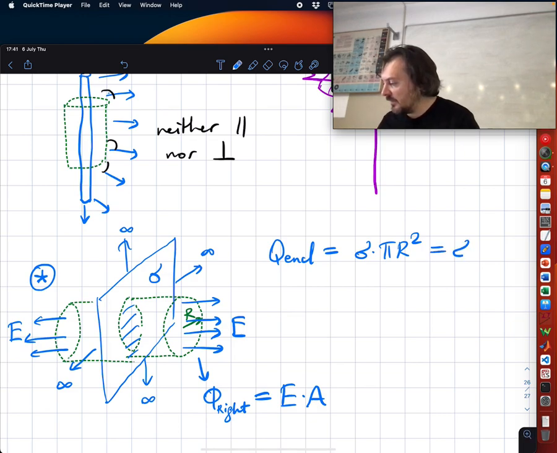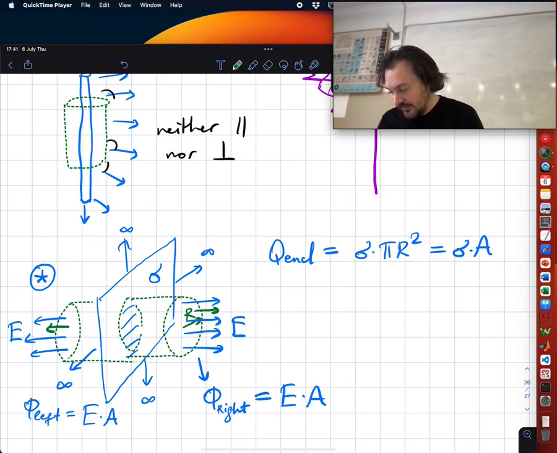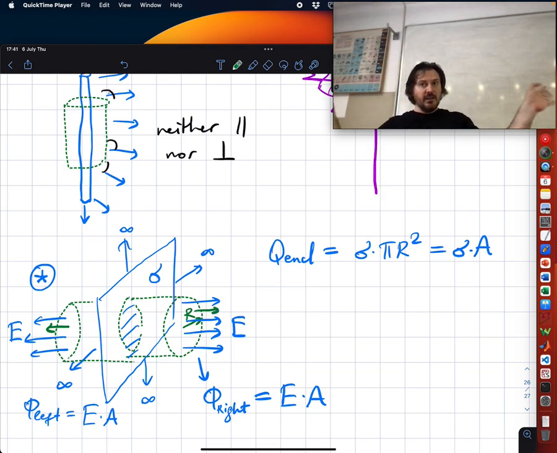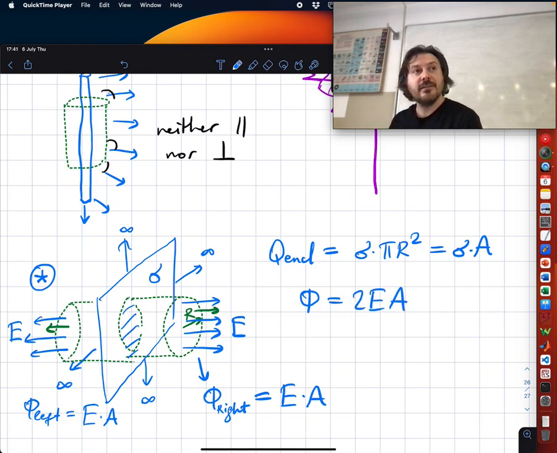Let me just write this as sigma times A as well. And flux left is E times A as well, because the area vector is pointing to the left here and to the right here. It's aligned with the electric field direction. So the total flux is 2EA. You see how simple it is?